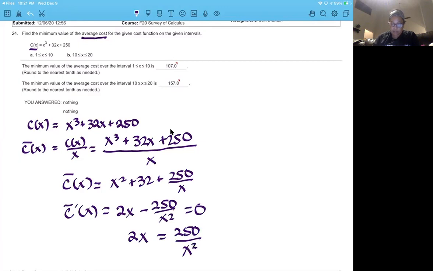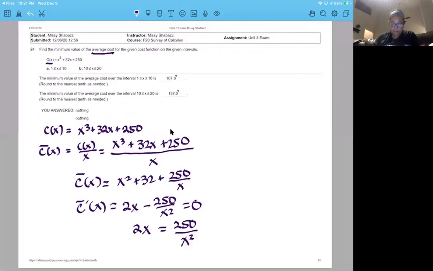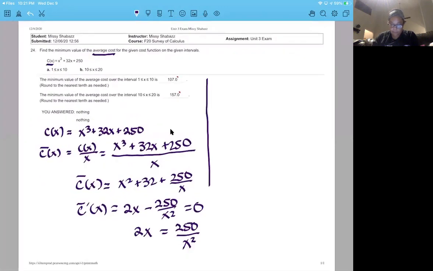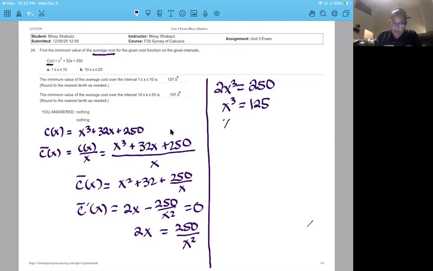Let's multiply both sides by x squared, so that I get 2x cubed equals 250, and divide by 2, 125. And if I take the cube root, I get 5.